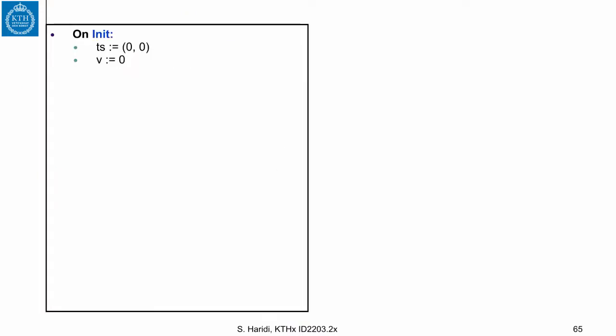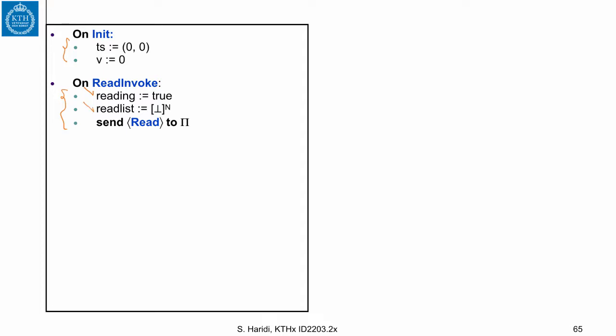This is the pseudocode of the algorithm, and I'm just looking at a single register. So this is the initialization of that register. When you do a read, what do you do? You say, okay, I am now going to be doing a read. I have a list of acknowledgements that is empty, and I send a read request to all the processes. Each process, when it gets a read, sends its value and the timestamp.